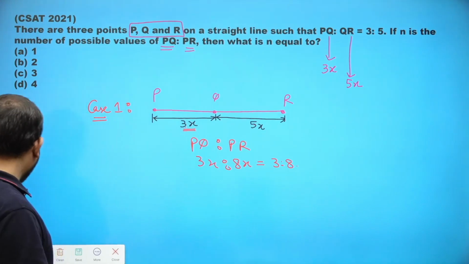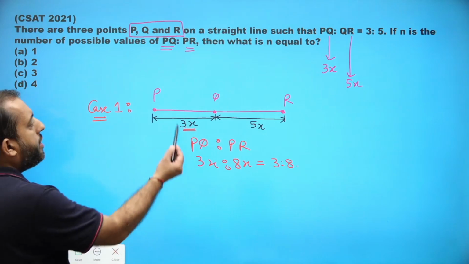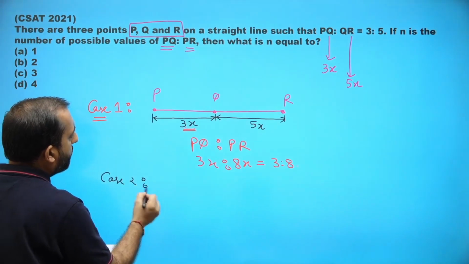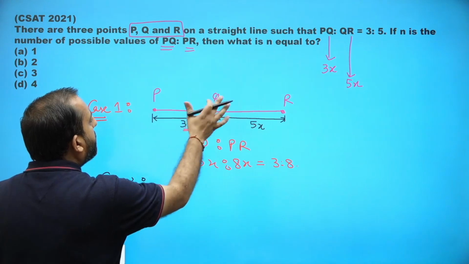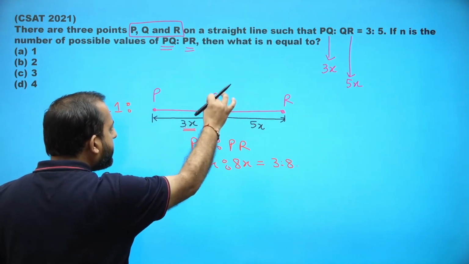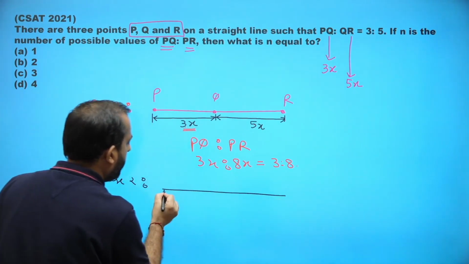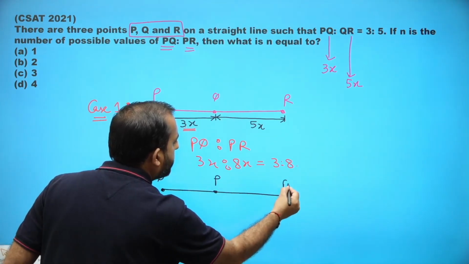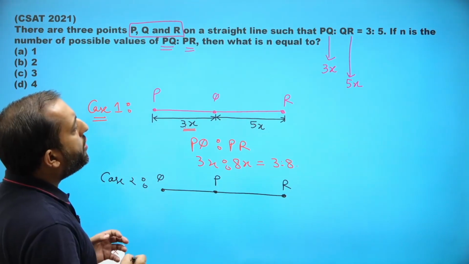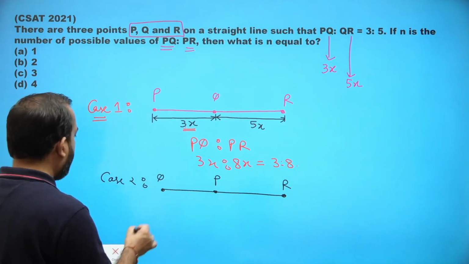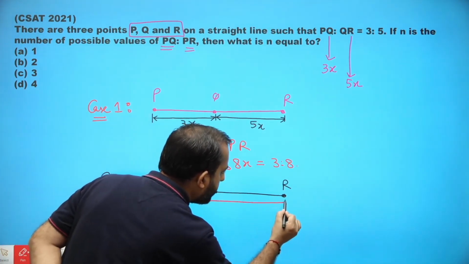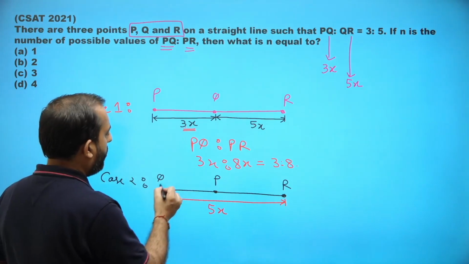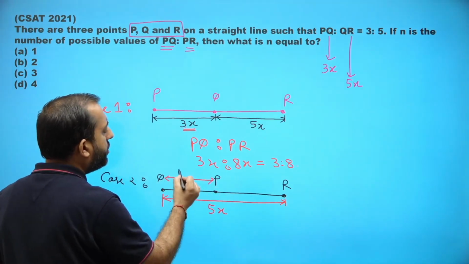Now in case number 2, let's assume P is in the middle. So Q on the right, P in the middle, and then R. Now we know that Q to R, this complete distance, is 5x, and P to Q is 3x.